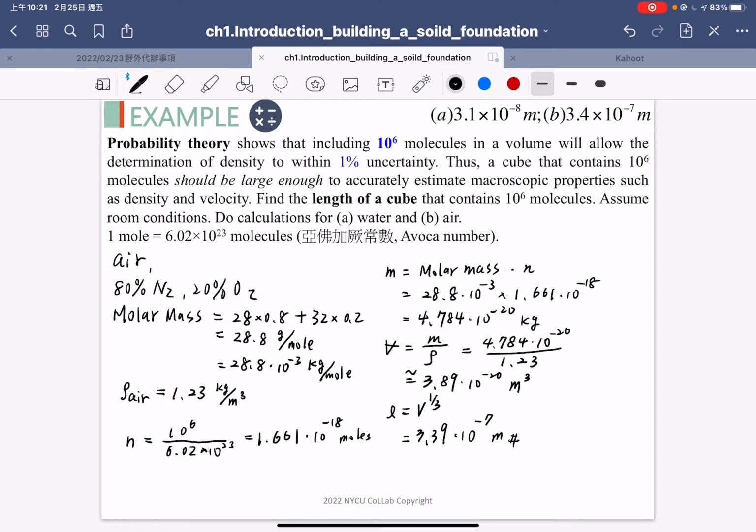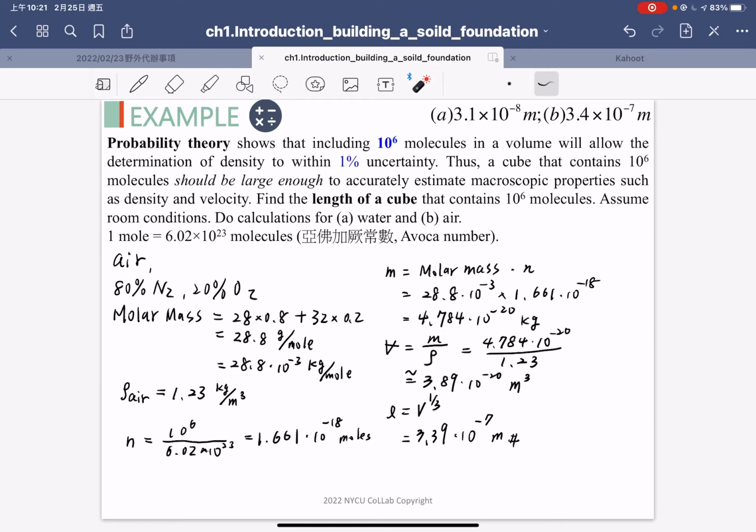Okay, so the answer showing here is quite close. I'm showing it on the upper right corner. So this is a very simple exercise, because we know if you satisfy the continuum assumption, then any material can be cut to be smaller.